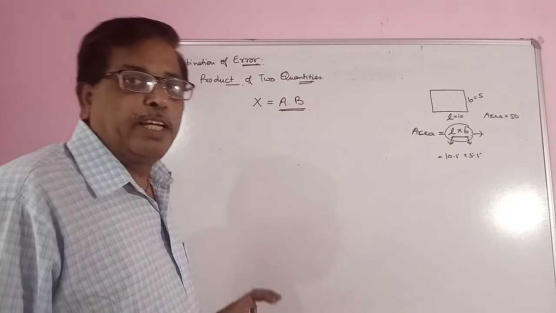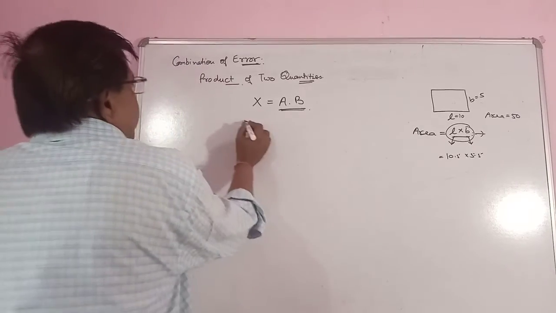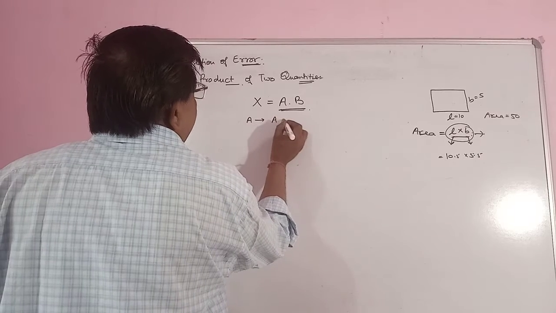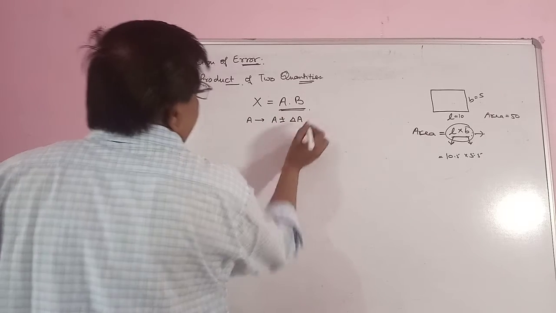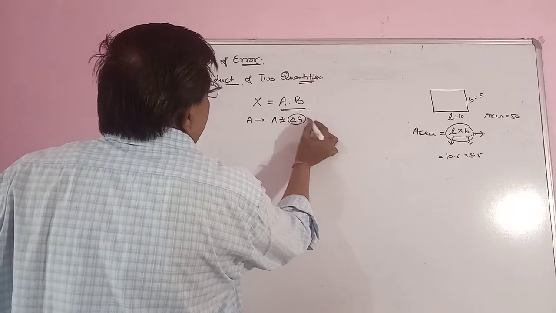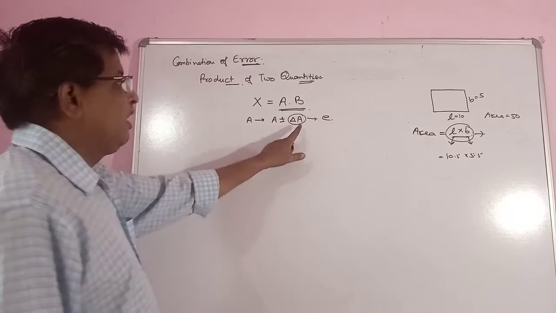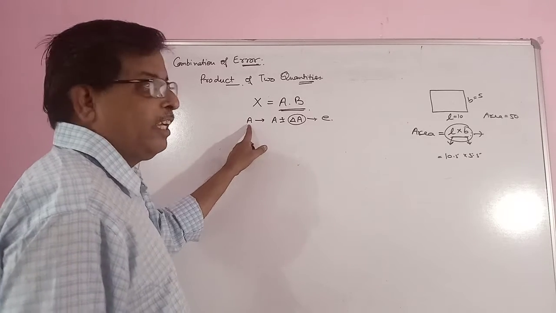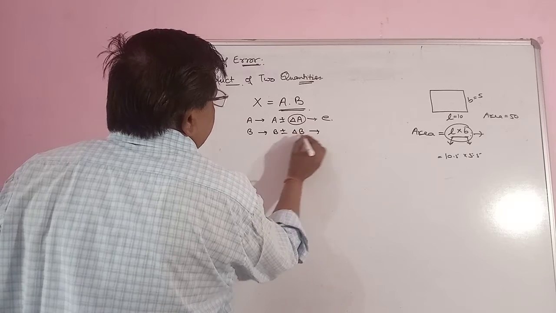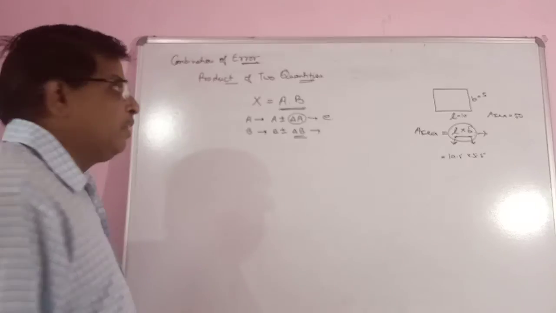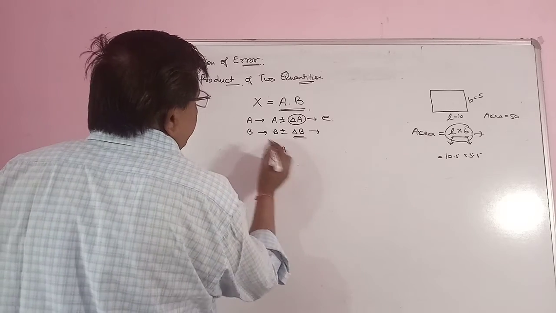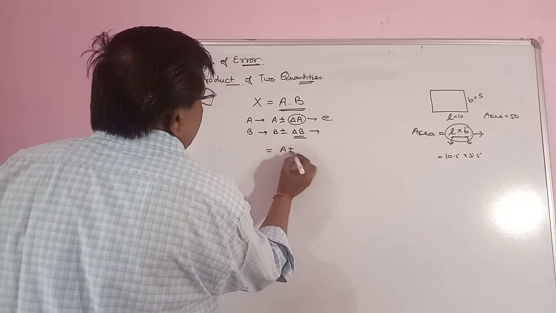A multiplied by B. Suppose a person is making some error in measuring A and he is measuring A as A plus minus delta A. This delta A is the error in measuring A. In the same way, B plus minus delta B, this delta B is the error in measuring B. So obviously, when we calculate x, what do we put?